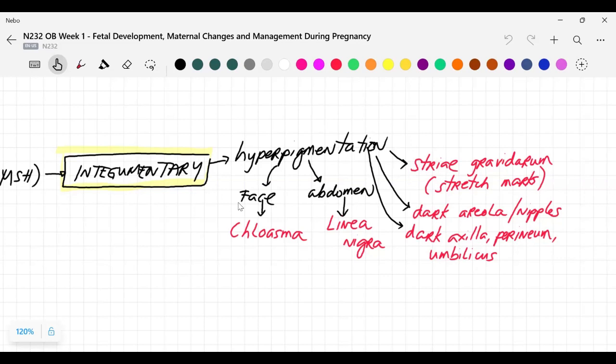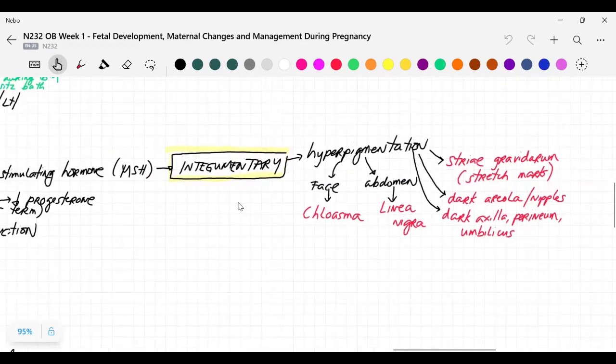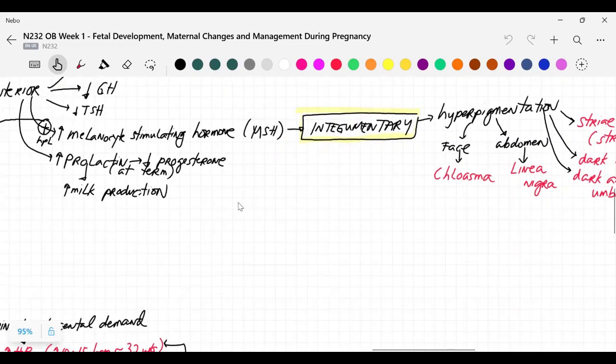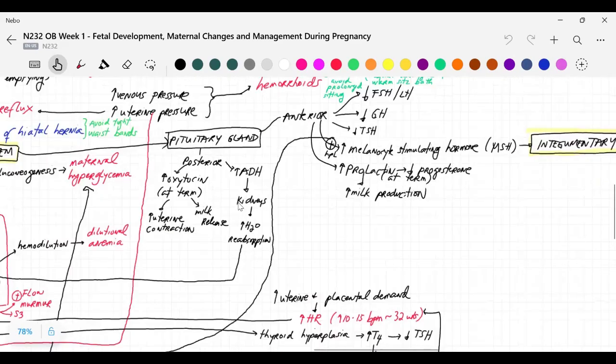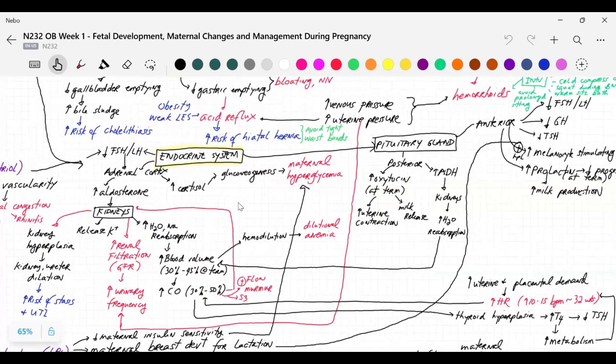And then the axilla gets dark, and all of the inguinal folds get dark. It's not dirt, it's the hormone. So that's all caused by MSH. That is why they have all this darkness. There's also hyperpigmentation somewhere else. I'll talk more about that later.